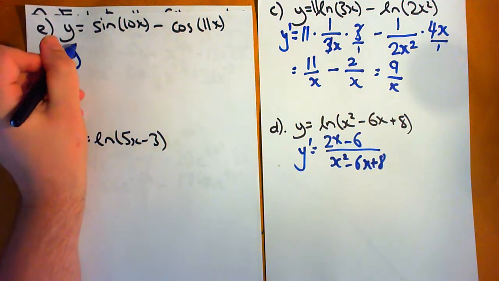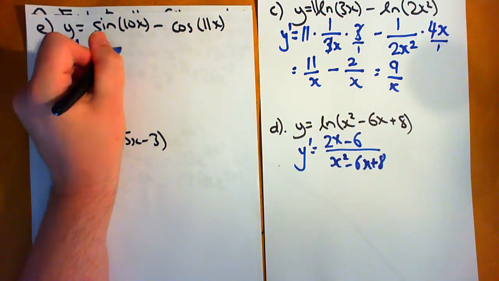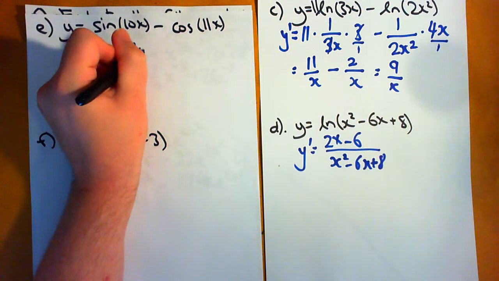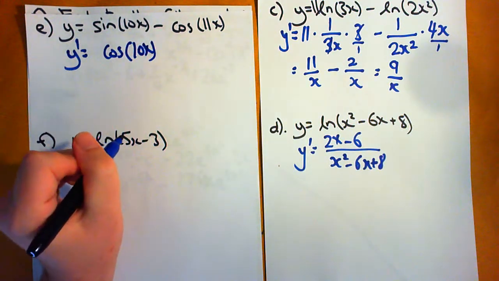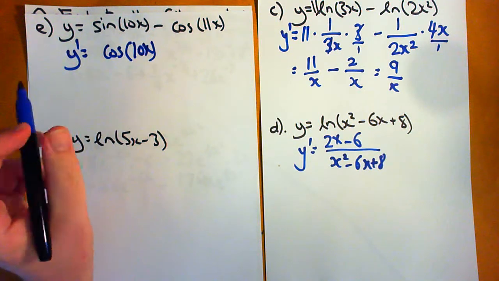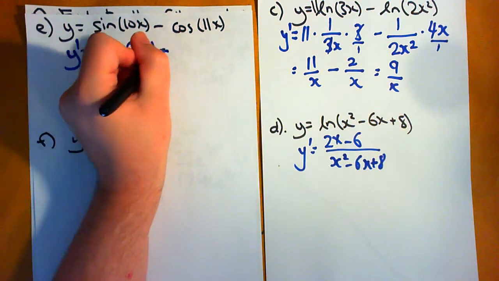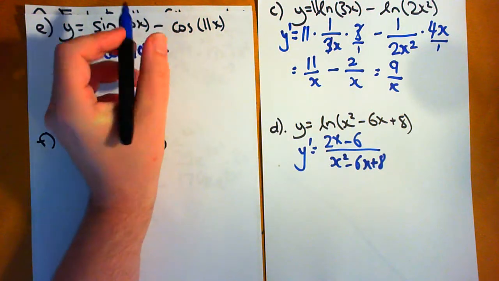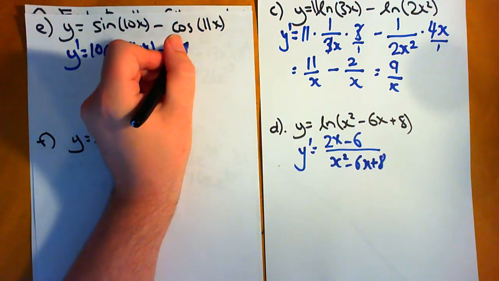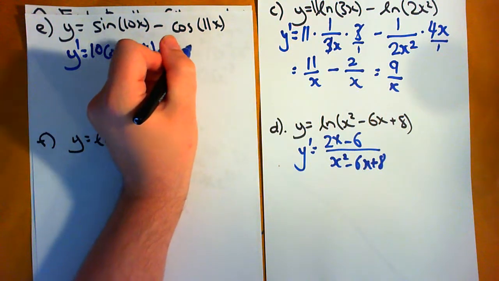So y dash is going to be sine differentiates to cosine of that same bracket, but we need to multiply by the derivative of that bracket. So 10x differentiates to 10. Minus cosine differentiates to negative sine, and since it's negative, that makes it a plus.